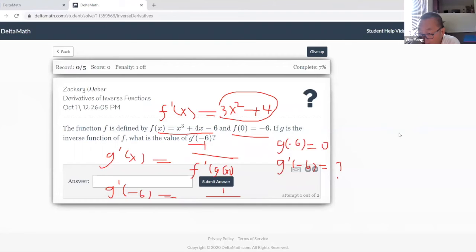When x equals -3, f(x) equals 0. We have this relationship. You plug the 0 into this one, you get 1 over 4. Now, did you get it? The answer is 1 over 4.